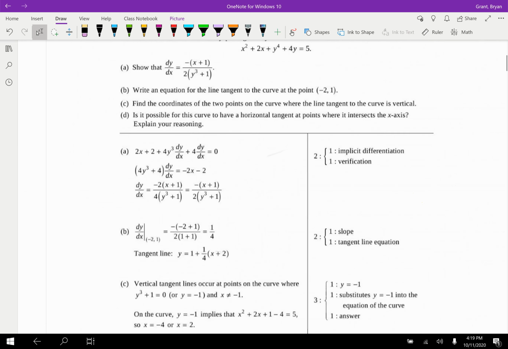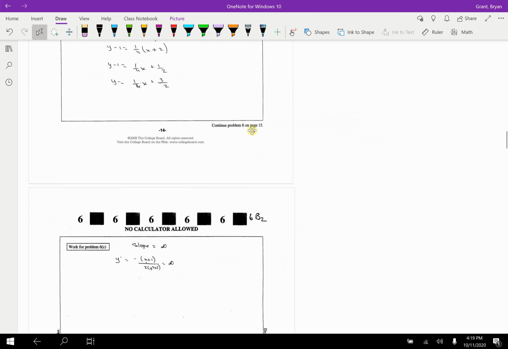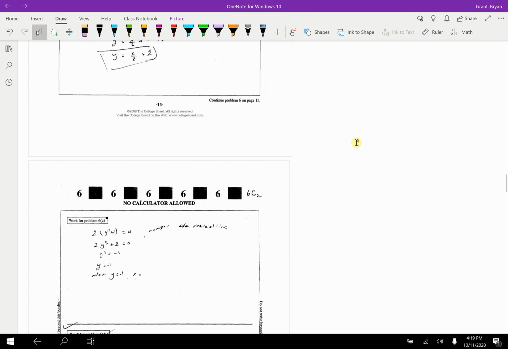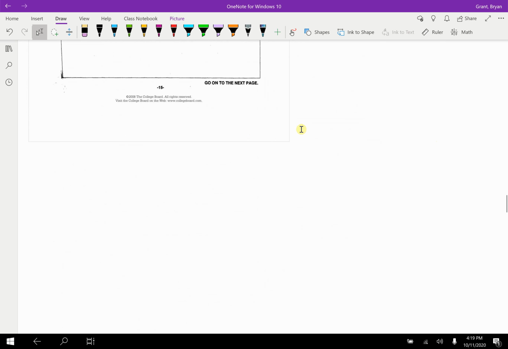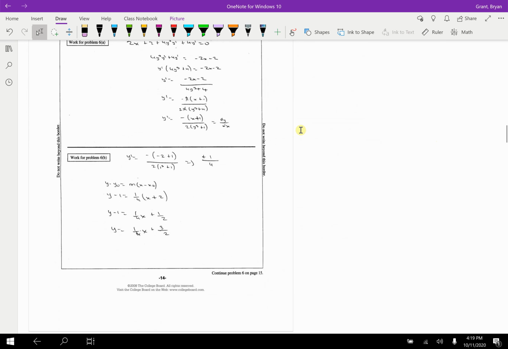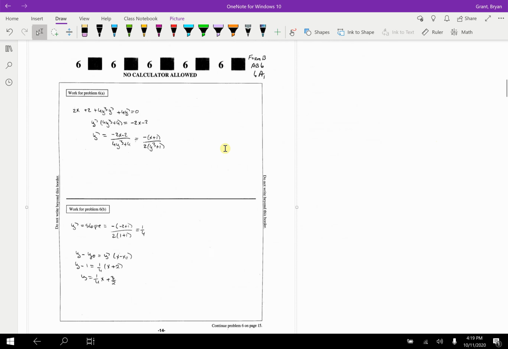Your goal is to take this rubric and score each of these students' free responses and see how they did out of 9 points. I will tell you that they all got different scores and none of them received 0 total points. All right, so you have some time now to take the rubric, go through, see how they did, write all over this.